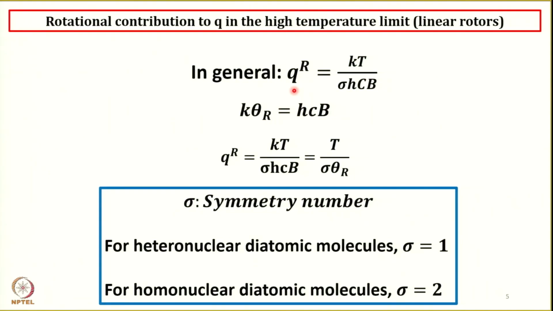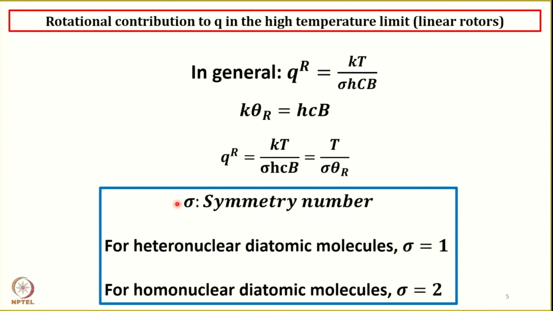Can we include some factor and make it a general formula? Yes, that can be done. In general, let us include in the denominator a factor sigma, which is called the symmetry number. Here you will require the knowledge of symmetry.